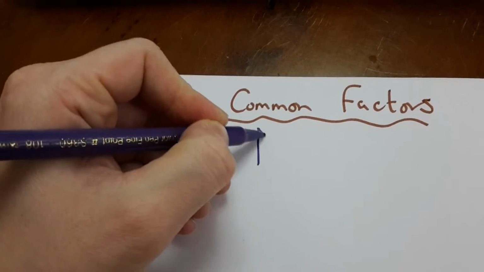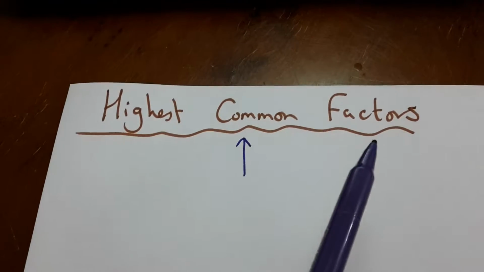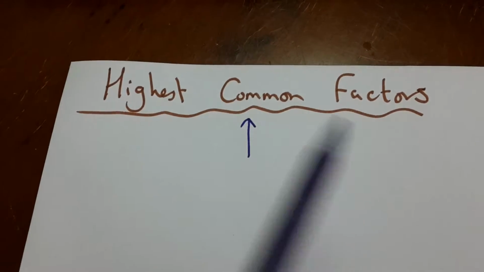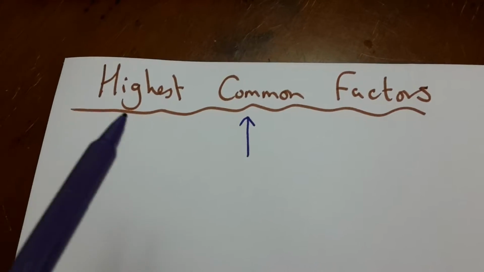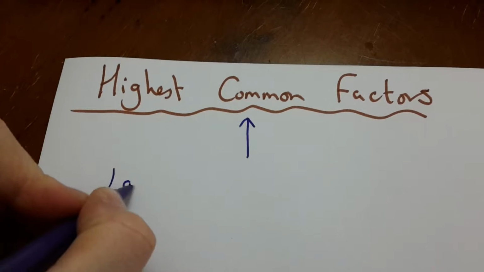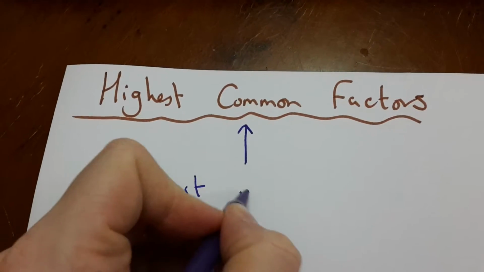If something's common, it occurs more than once. If it's a factor, it's a number that will fit into another number a whole number of times. And highest means biggest. So it's basically the largest number that will fit into two or more numbers.